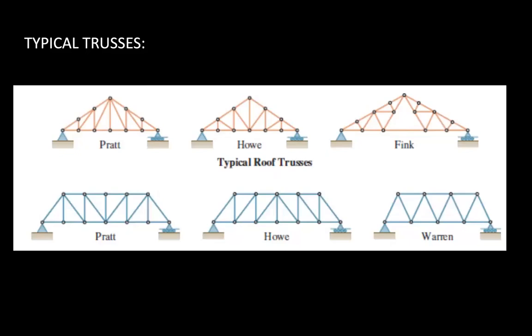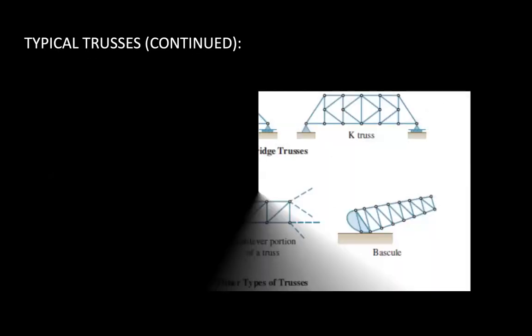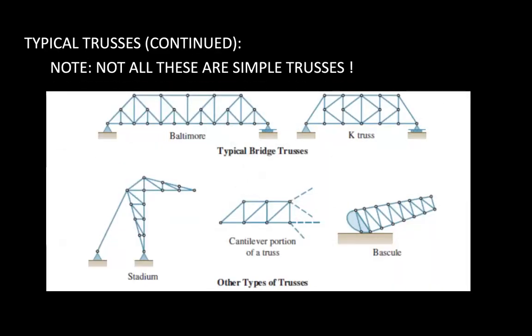We have a few types of roof trusses over here, and typical trusses continued, more typical trusses. Not all of these are simple trusses, like this one, the Baltimore Bridge truss. So basically, we'll be talking about some trusses.